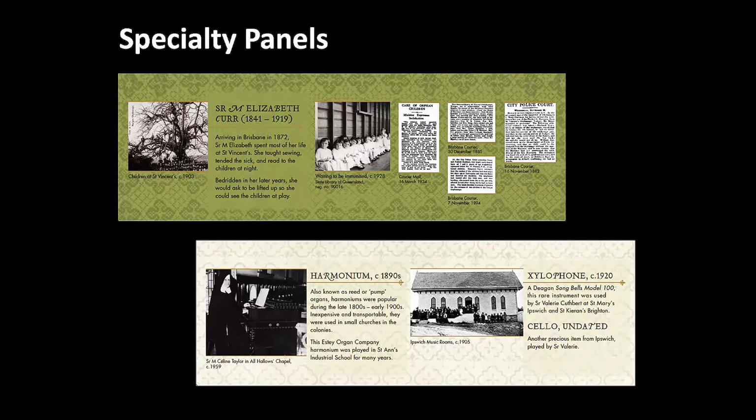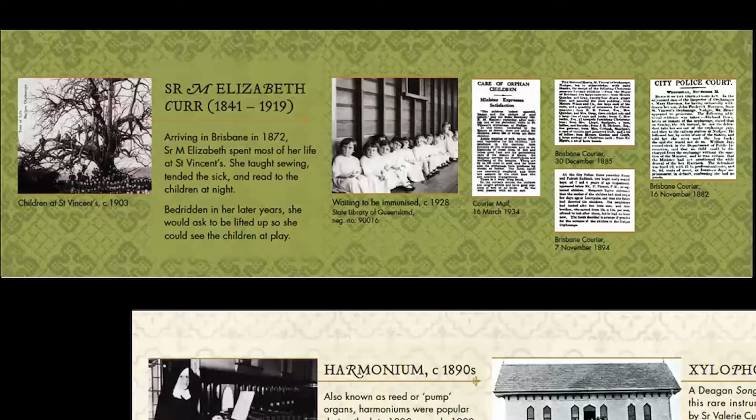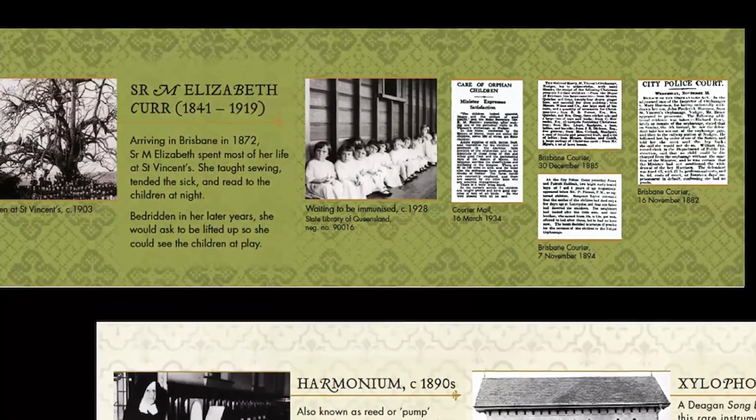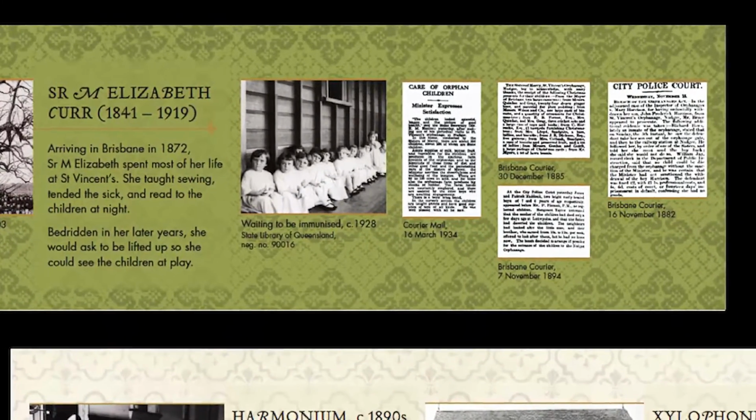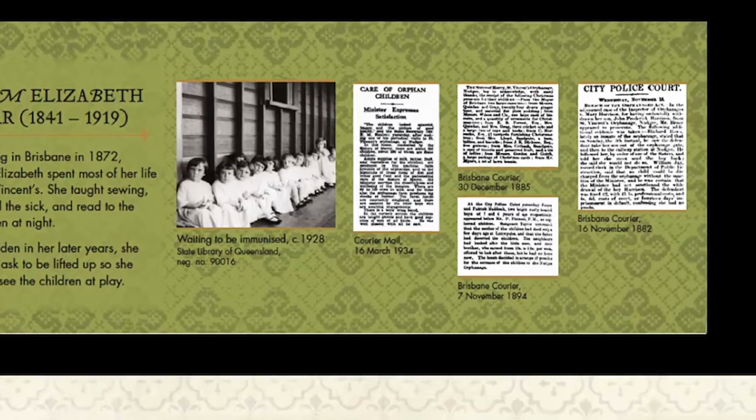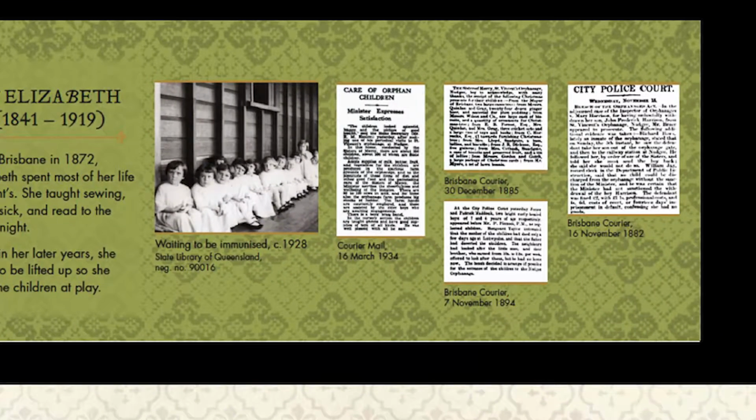One of the things with the orphanage, the green one's the orphanage one, is there were obviously positive and negative histories, and I was quite clear that I didn't really want to hide the bad stuff, and the sisters were quite happy with that. So the little newspaper articles you can see there, one is an inspection by the minister saying how wonderful it all was.